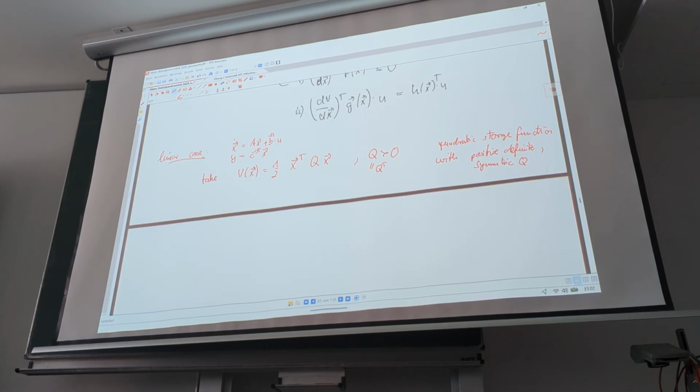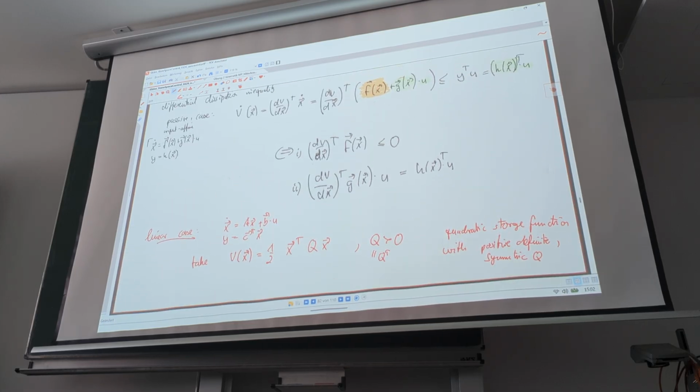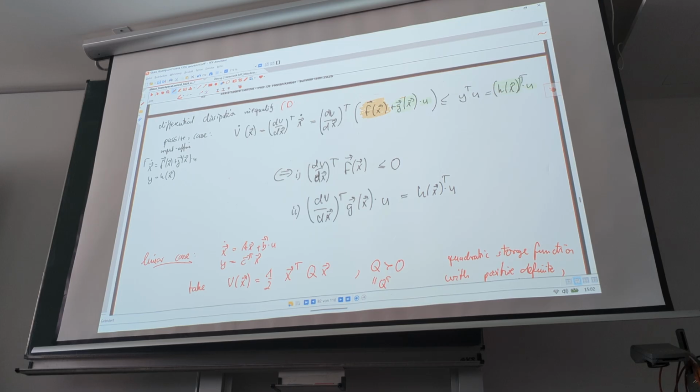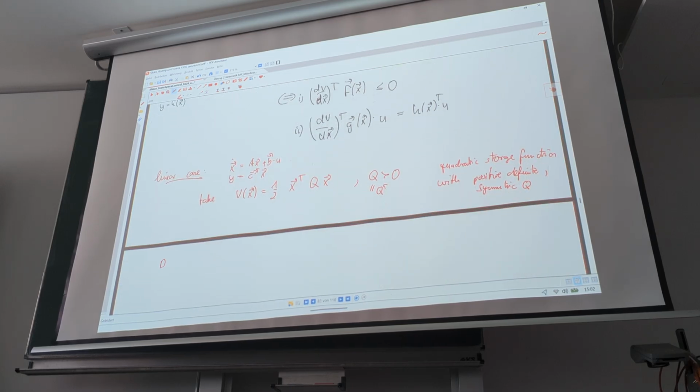So if I again look, let's abbreviate this as differential dissipation inequality, DDI, then the DDI in this case would read the V dot of x would be, what would this be if I differentiate this over time?